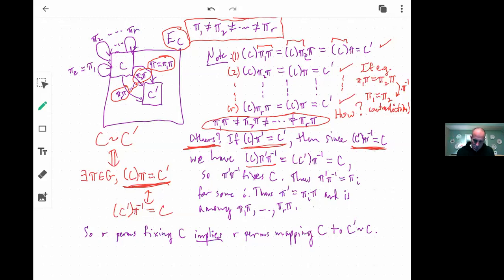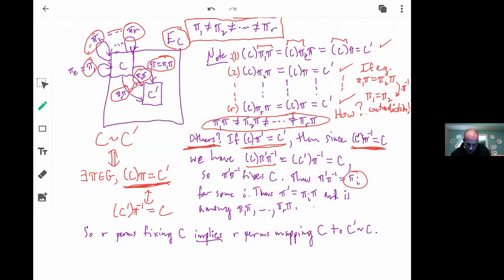So that means we know all the things that fix C. That's these guys up here, pi 1, pi 2, dot, dot, dot, all the way up through pi r. So if pi prime, pi inverse fixes C, it has to be equal to some pi i for some i.